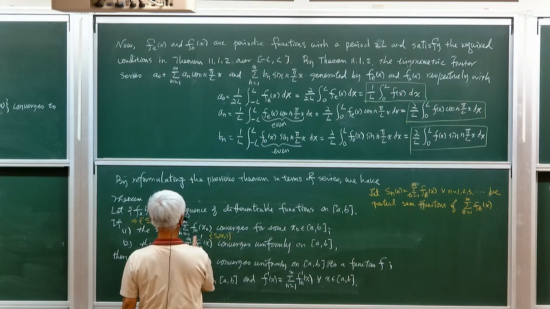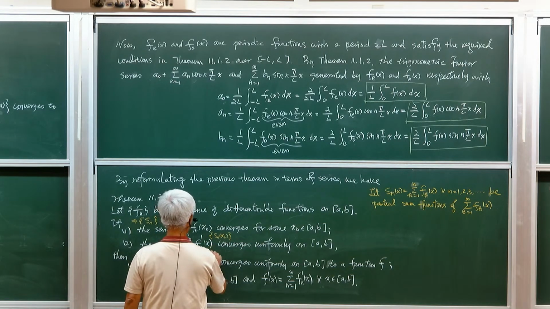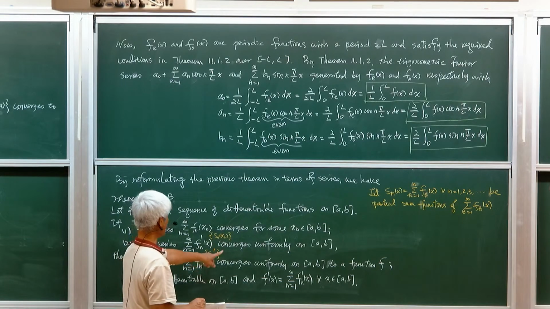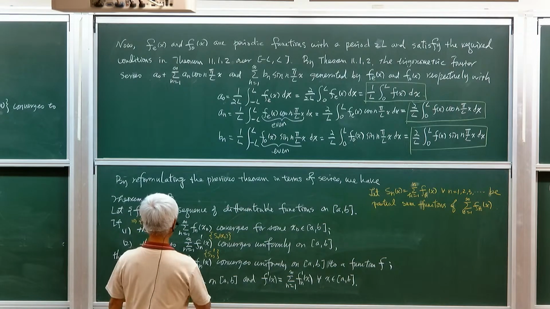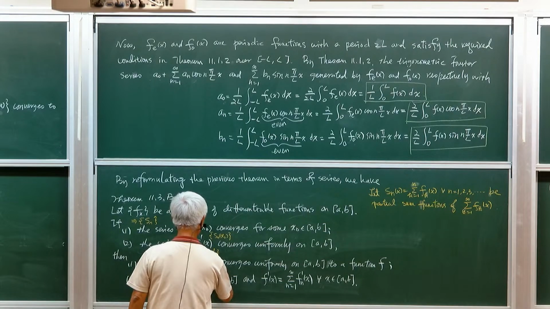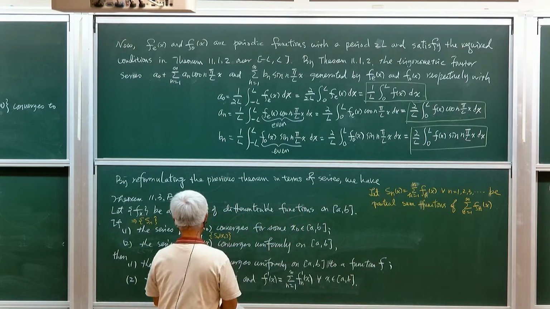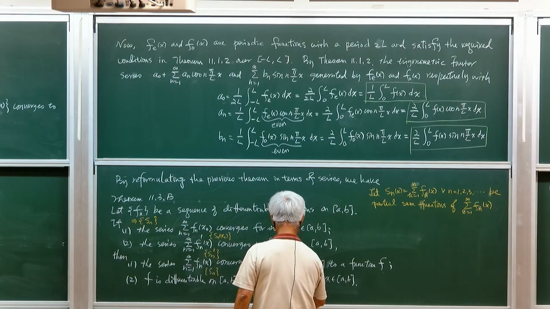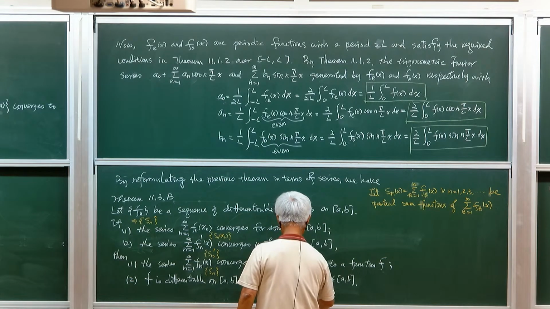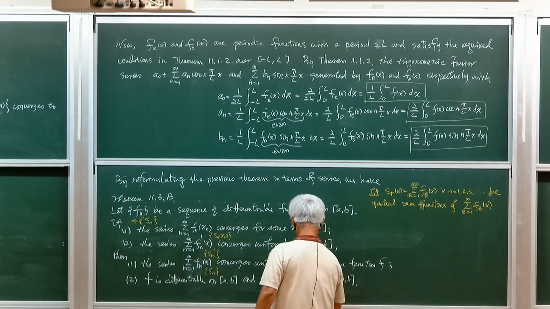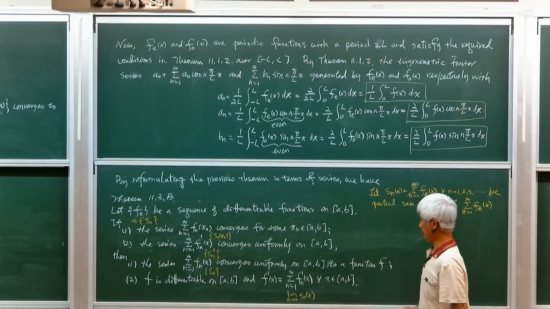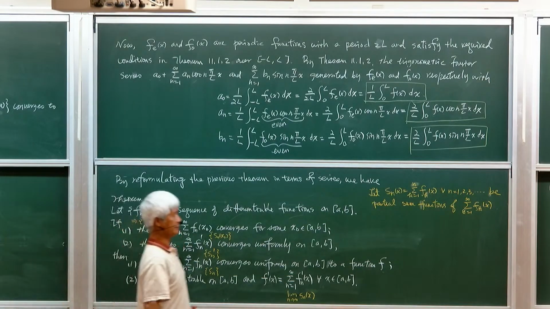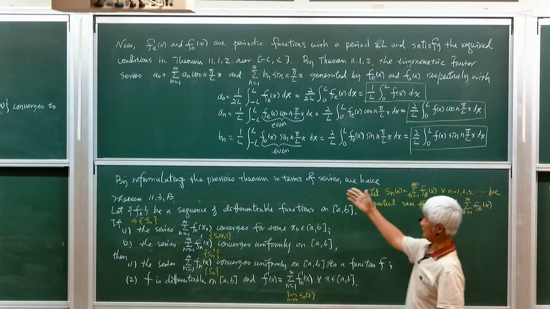The series converging uniformly means that the sequence of partial sum functions x n prime converges uniformly. Then x n converges uniformly to a function f, and f is differentiable, with derivative given by the limit as n goes to infinity of x n prime of x. So you just apply this theorem to the sequence of partial sum functions to get this result.